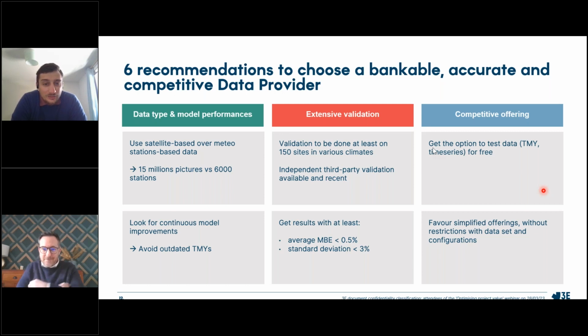I see another one. How do you calculate the climate variability for a 10 years time series? Okay. In fact, we look at the long-term data set that we are using. We can have 20, 25 years of data. We have the data on an hourly basis. Then we group it into monthly and then yearly, and we look at one period of 10 years, and we make a rolling period over the overall long-term data set.